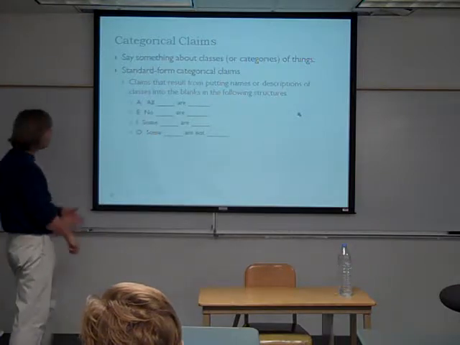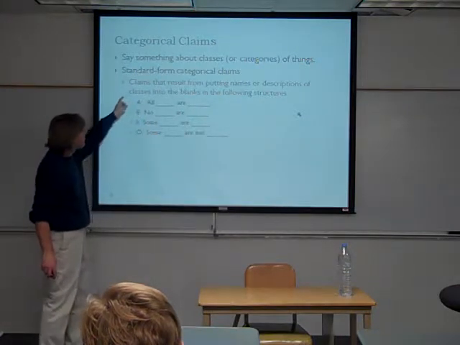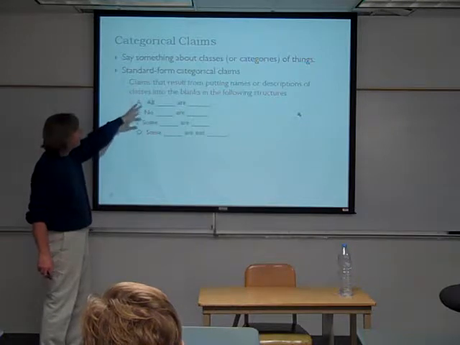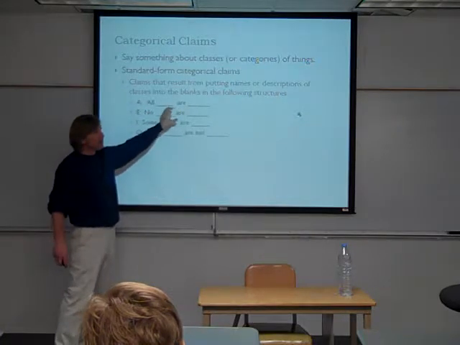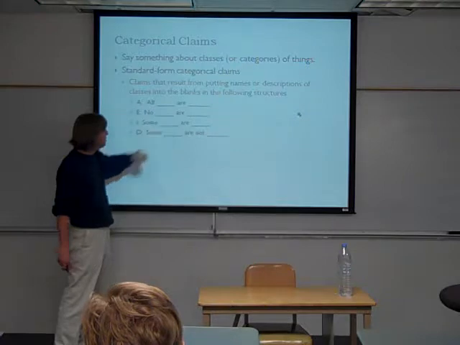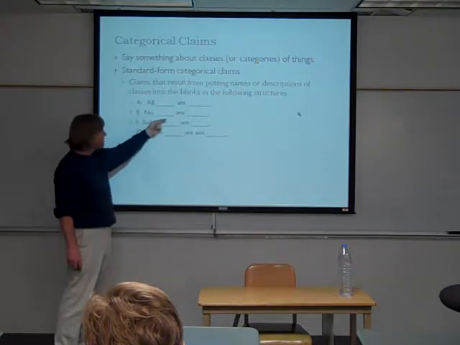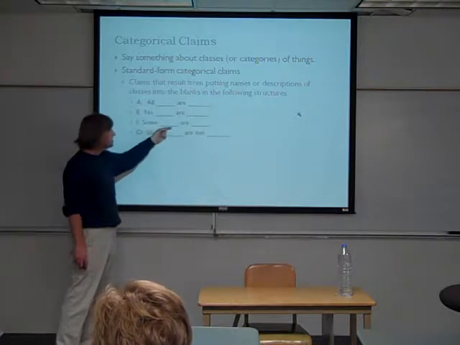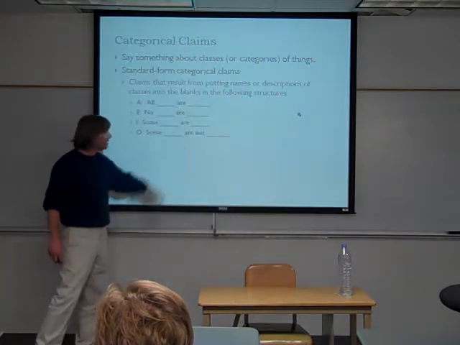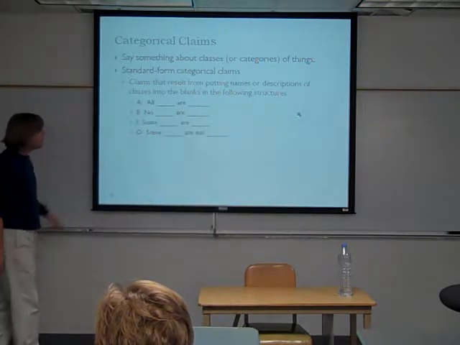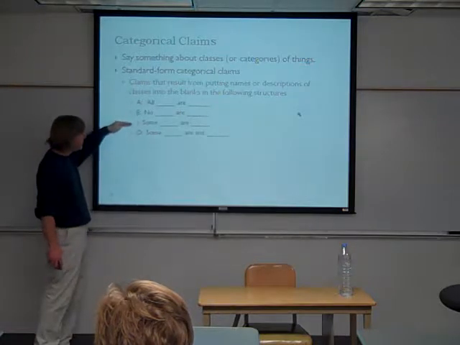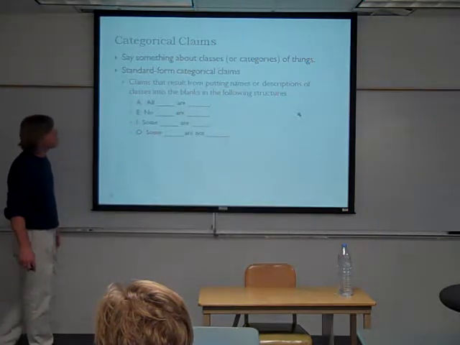The standard form is articulated here. And you're going to put the subject and the predicate in these blanks here. All S are P, no S are P, some S are P, some S are not P. These are going to be the 4 fundamental forms of categorical statements.